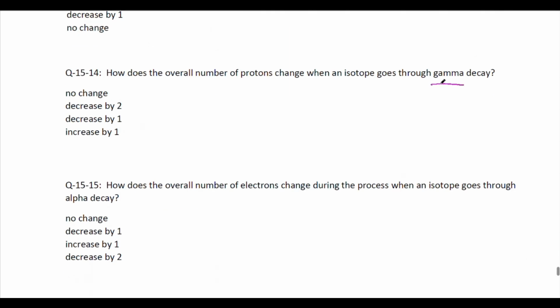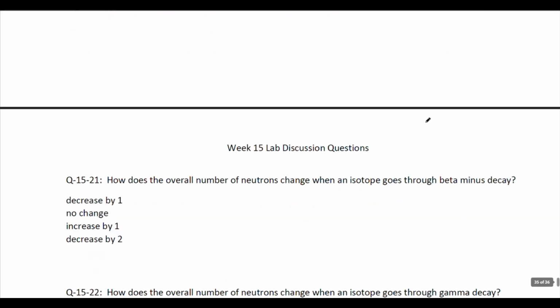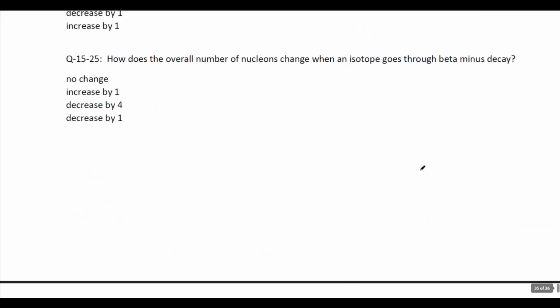Remember, gamma decay is pure energy. That's just gamma rays. It's at the far end of the electromagnetic spectrum. So that's going to be something you'll want to consider there. There's a bunch of different combinations of ones those can make.